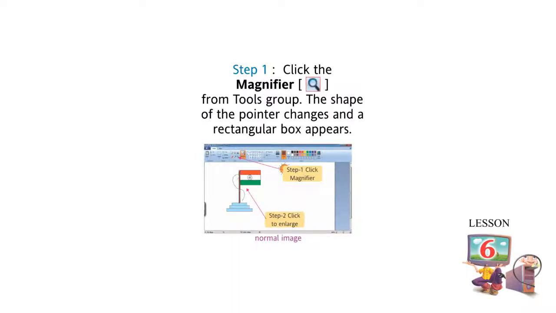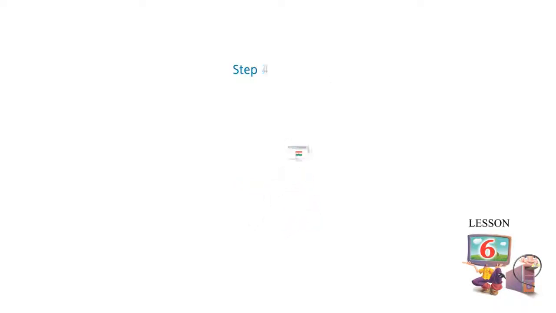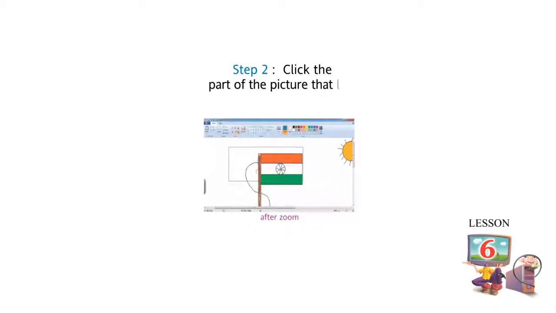The shape of the pointer changes and a rectangular box appears. Step 2. Click the part of the picture that you want to see in larger size.